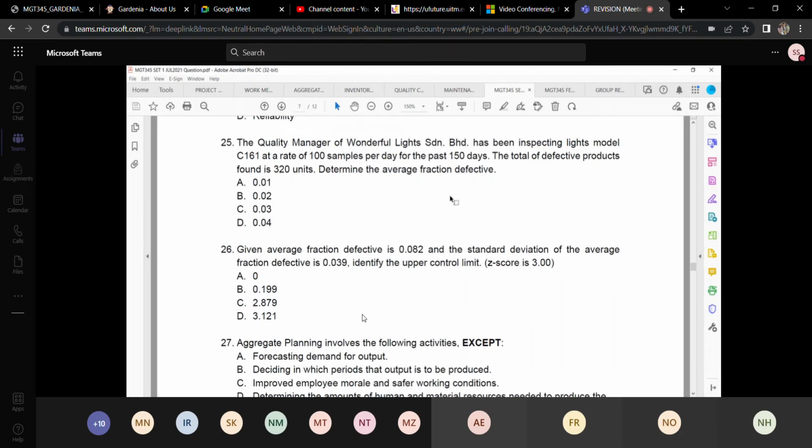This one suruh cari quality. Determine the average fraction defective. Dia dah bagi siap-siap. So cari je average fraction defective, P bar. Defect units given, samples given selama berapa, for the past, okay, selama 150 hari.